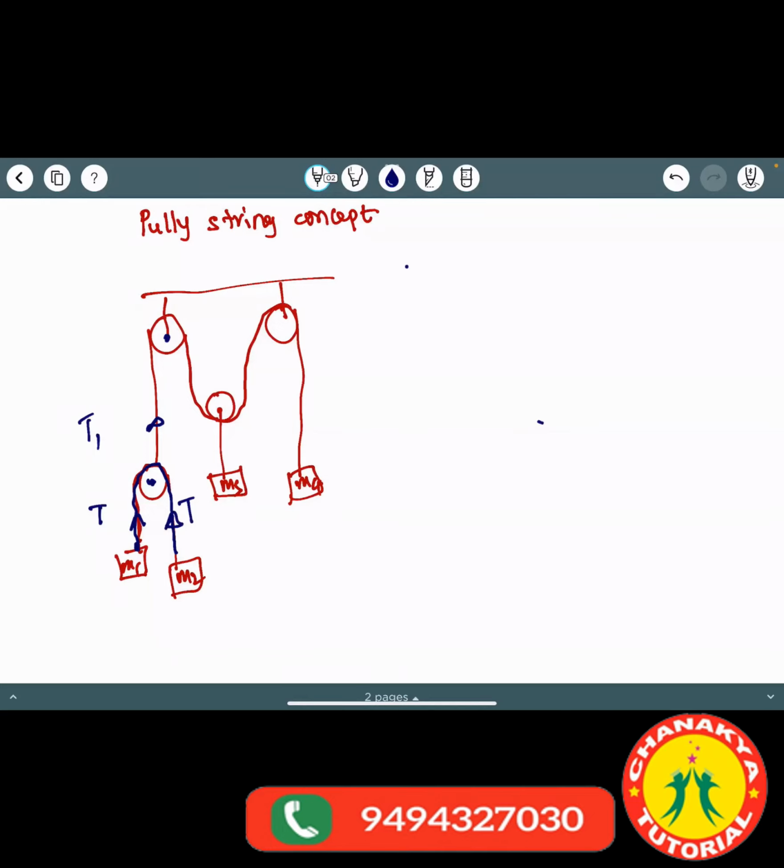T1 is the supporting force, and the tensions T plus T are the opposing force. This net force should be equal to mass into acceleration. Since mass is 0, 0 into acceleration will be 0. So from here you get T1 is equal to 2T.